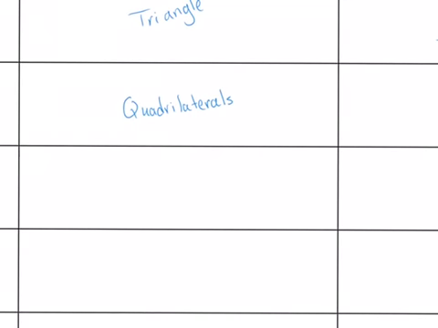Moving on to polygons with 5 sides. And our prefix there is penta. So penta means 5. And then we just stick on gon, pentagon. And I'm sure you've heard of the Pentagon in Washington.